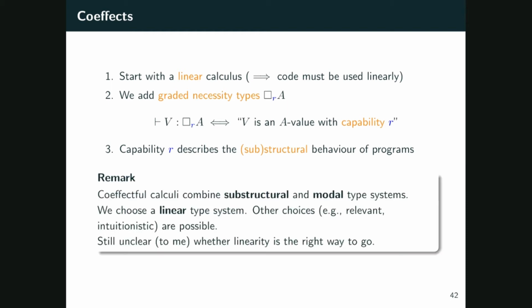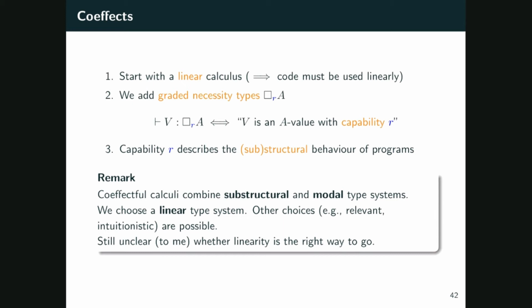And before entering into the technicalities, let me remark that when we look at this kind of calculi, we are actually combining substructural and modal type systems. And what I chose is to start with the linear type system, and this is the standard in the literature as far as I know.